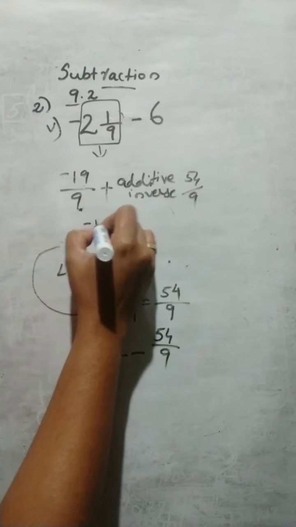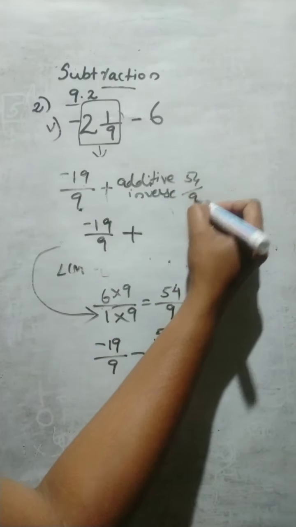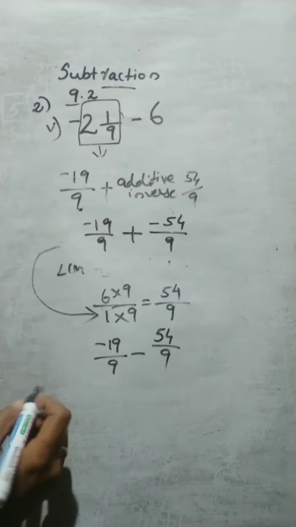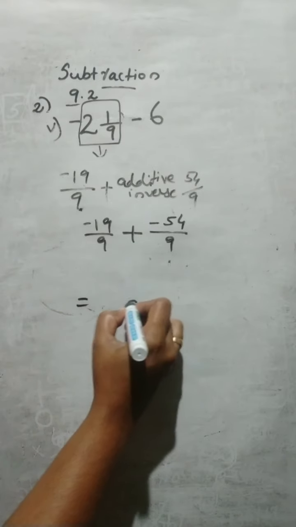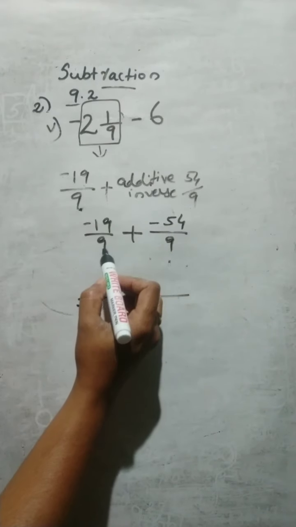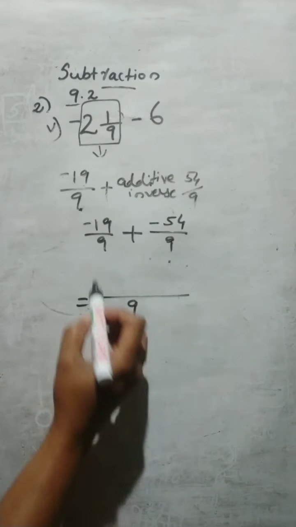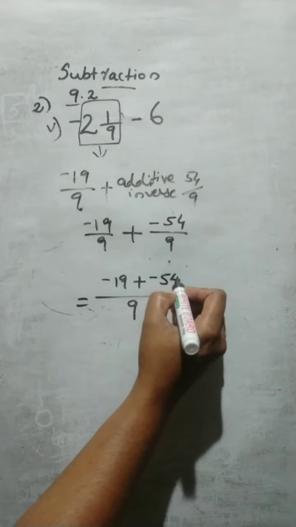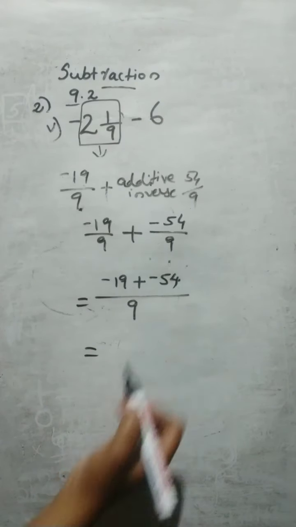Then negative 19 on 9 plus the additive inverse of 54 on 9, which is negative 54 on 9. Then here 9 is the denominator. These two 9s we can write here as 9. Then negative 19 plus negative 54.